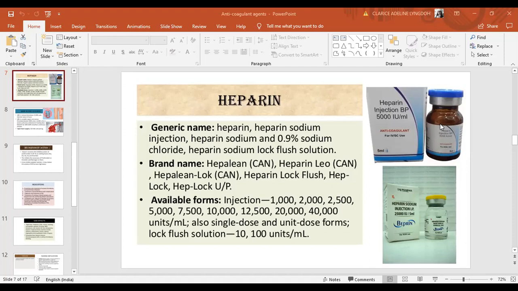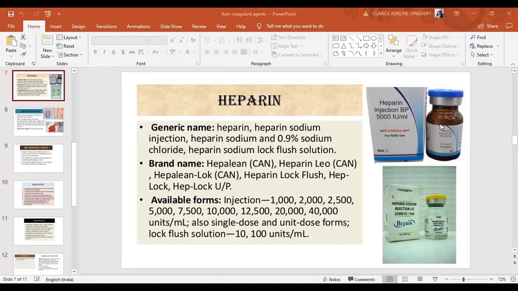So we have to flush the syringe with heparin lock flush. Then after flushing it, we can insert the needle into the radial artery.